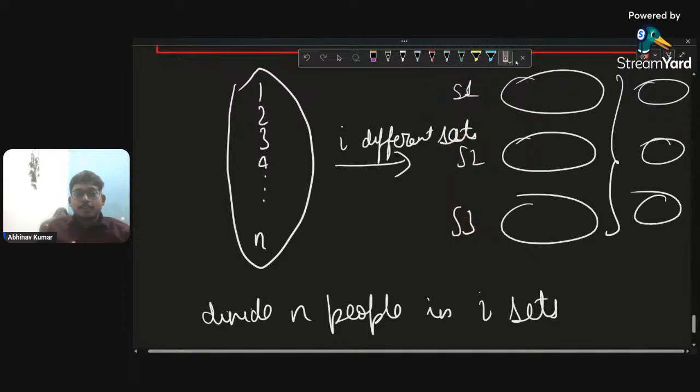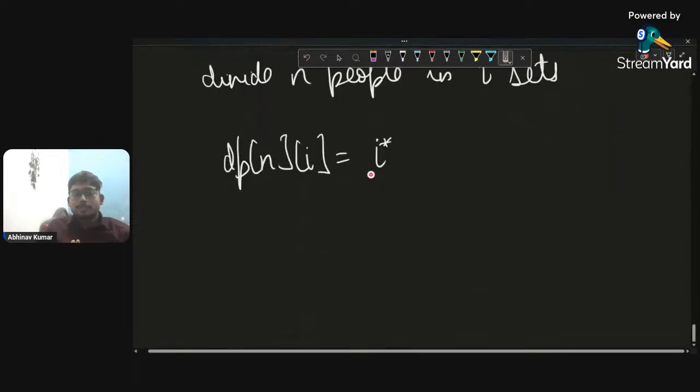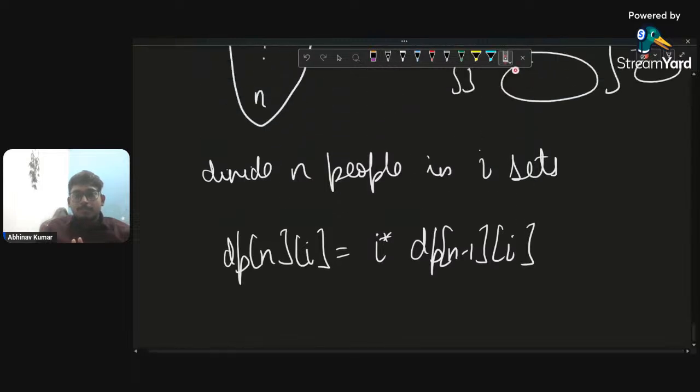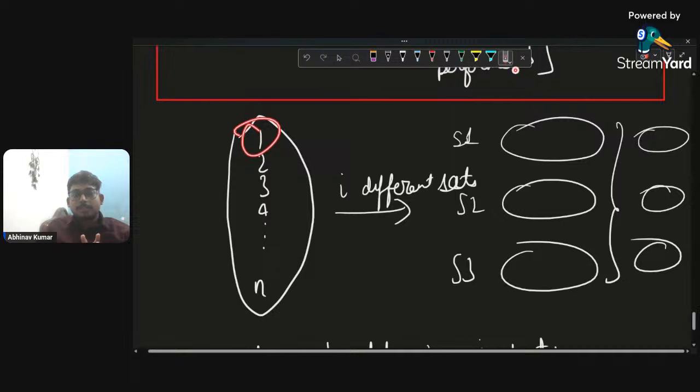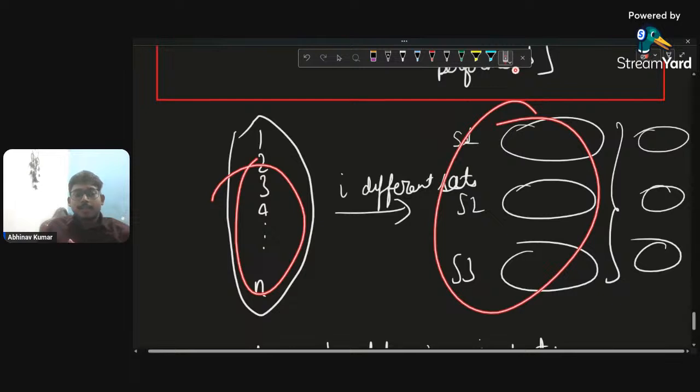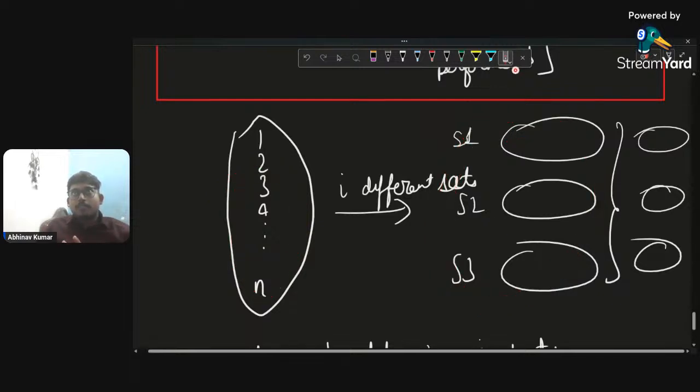Now for the remaining n minus 1 people, if I assign them into these I different sets, that would also be fine, so dp of n minus 1, I. Through this, what we compute is that there are I different ways to assign the first person a set, and then all the remaining n minus 1 people are again assigned to I different sets. That is one way.